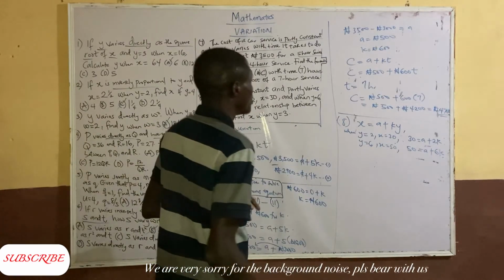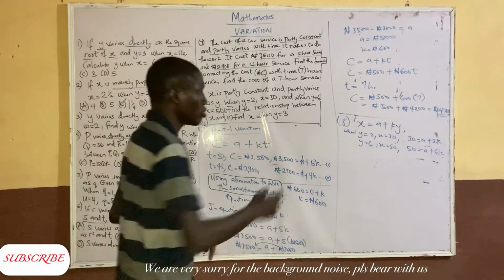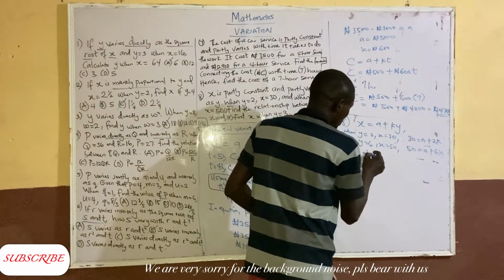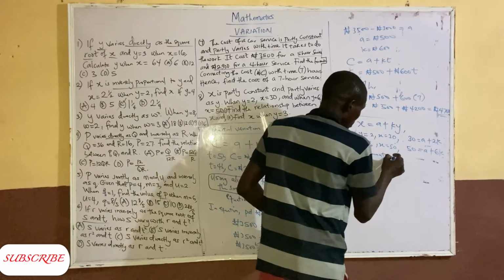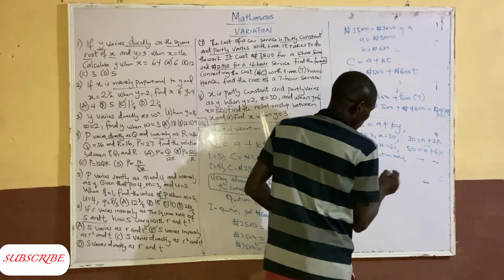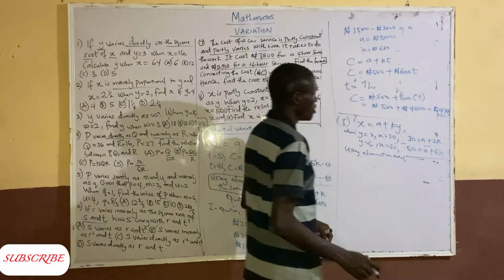So find the relation. Just as we used the elimination method for simultaneous equations before, also use the elimination method for this. When you say elimination method, you minus this one from this one.